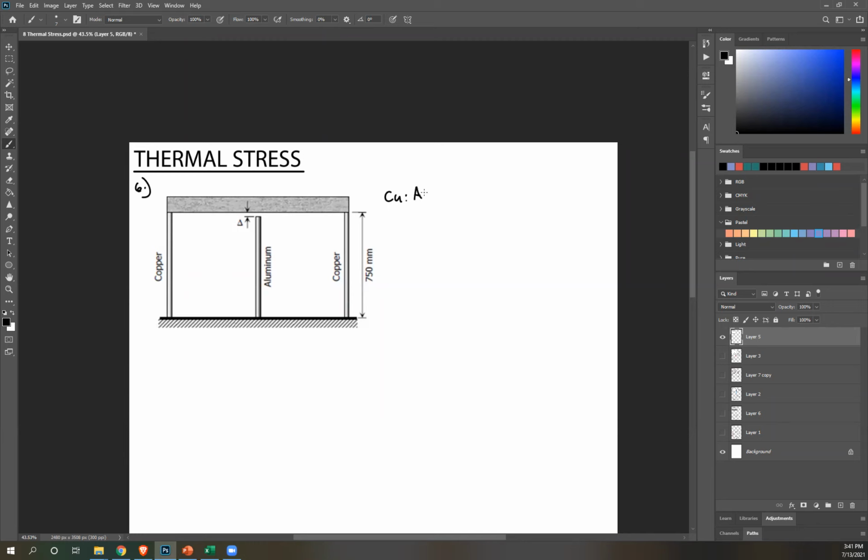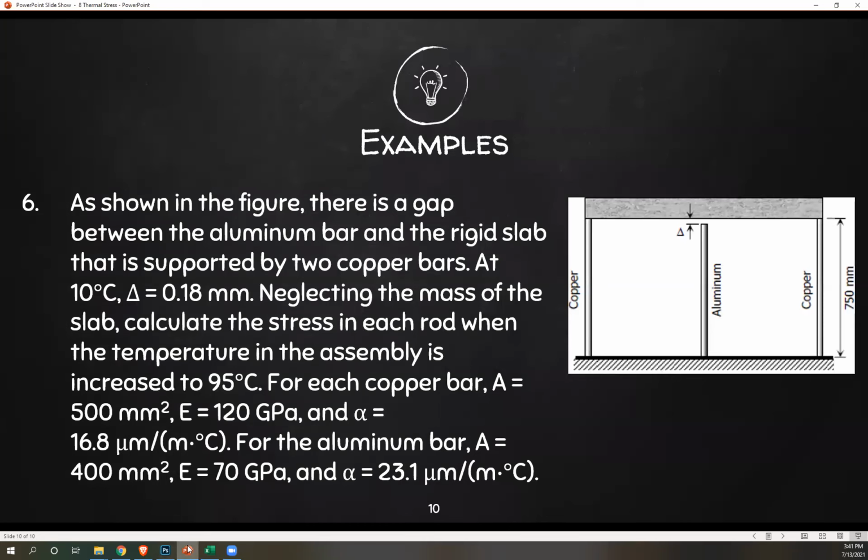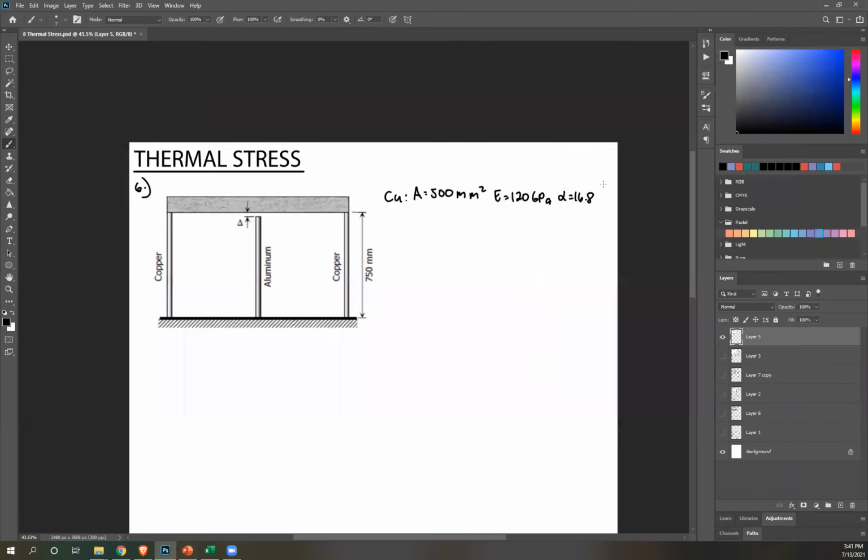Area 500 millimeters squared. E is 120 GPa. And alpha is 16.8 micrometer per meter, times 10 raised to negative 6.